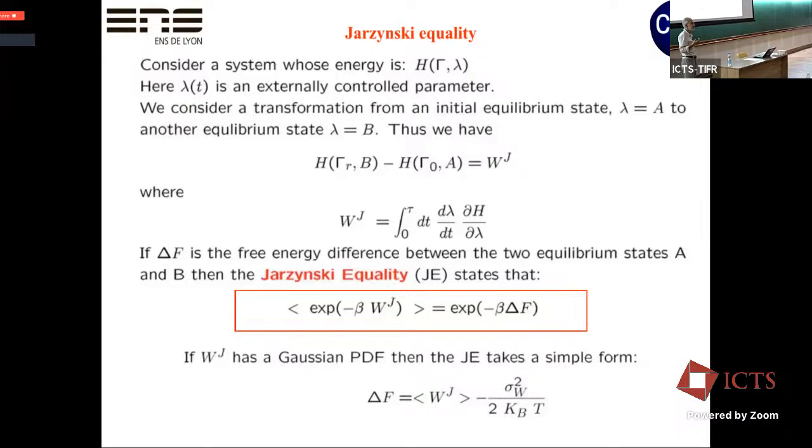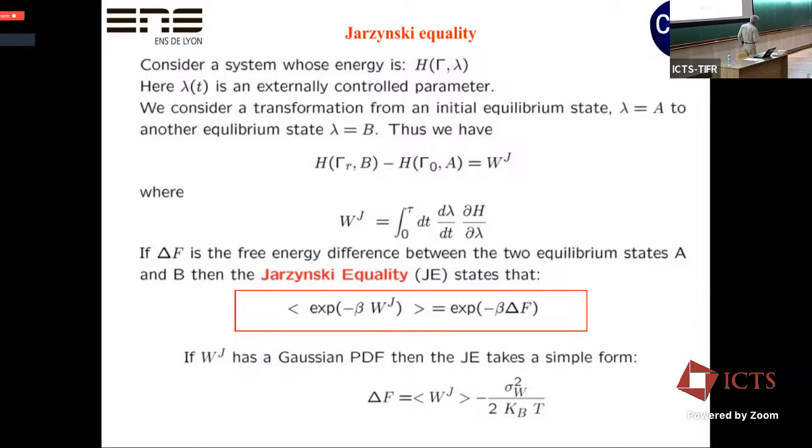This is very different to what we learn in standard books of thermodynamics, because as we know, in order to measure correctly the free energy difference, you need to do a quasi-static transformation, and then the work to go from a state A to a state B will give you the free energy difference between the two states.